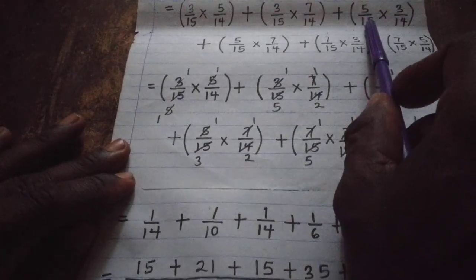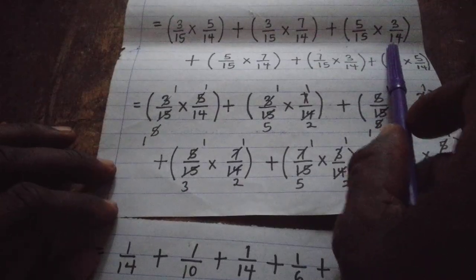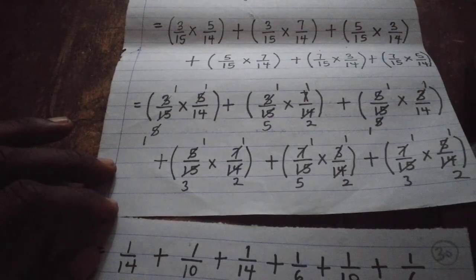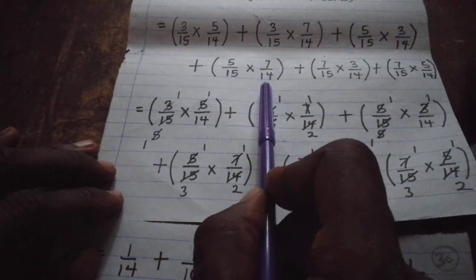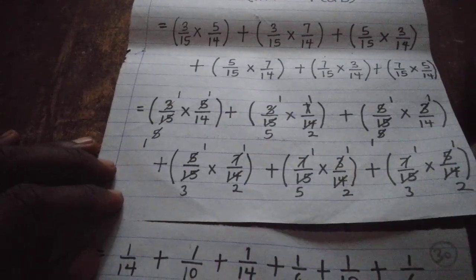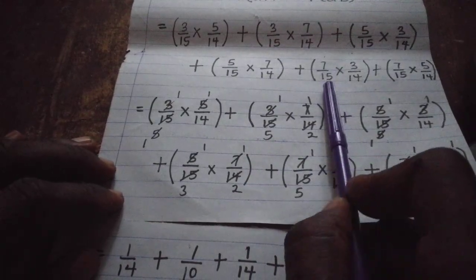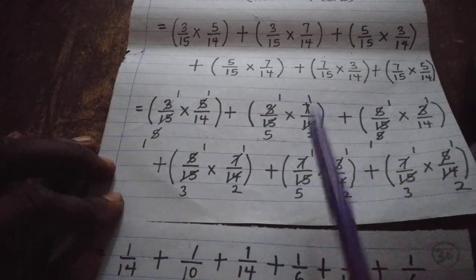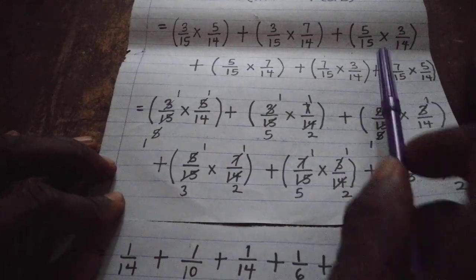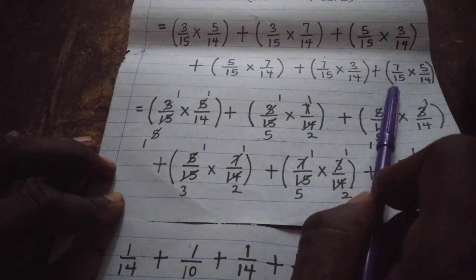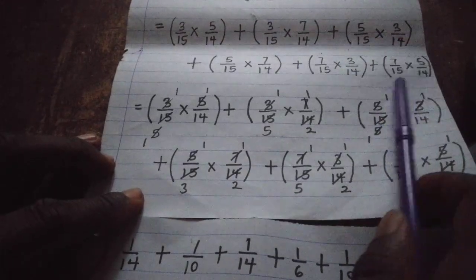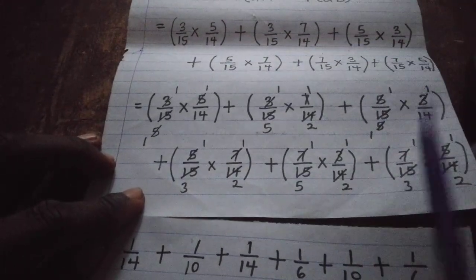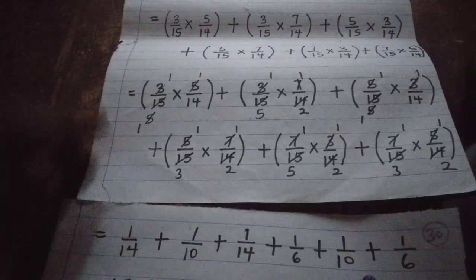And 5 over 15 times 3 over 14 will give us 1 over 14. 5 over 15 times 7 over 14 will give us 1 over 6. 7 over 15 times 3 over 14 will give us 1 over 10. 7 over 15 times 5 over 14 will give us 1 over 6.